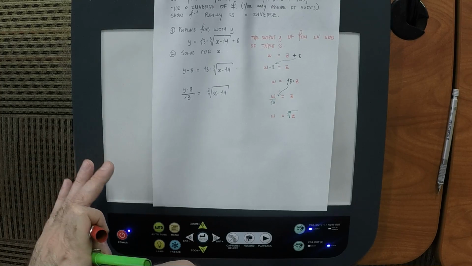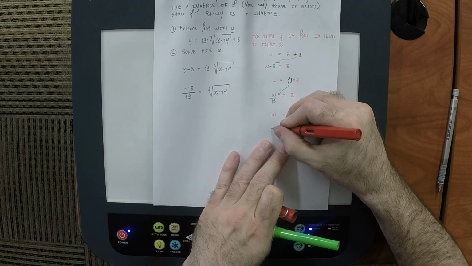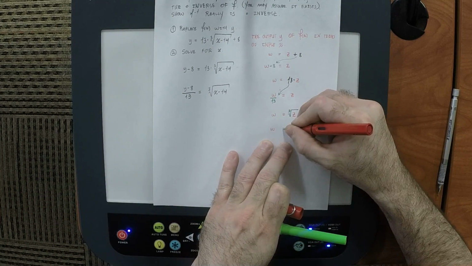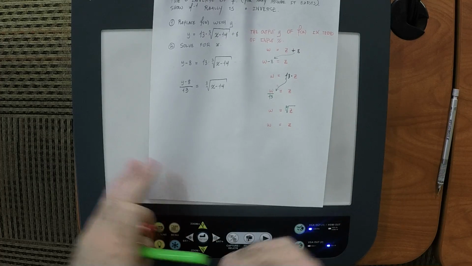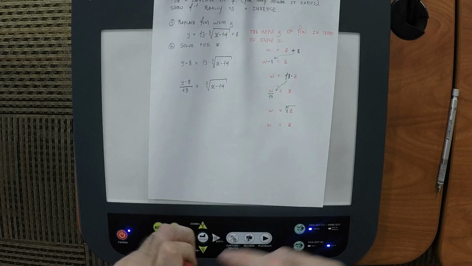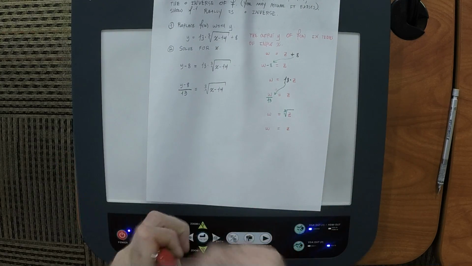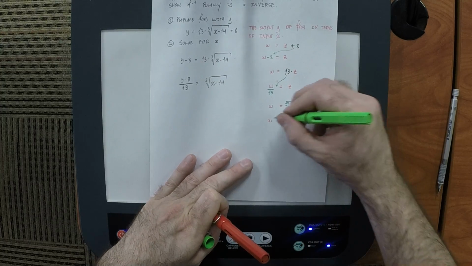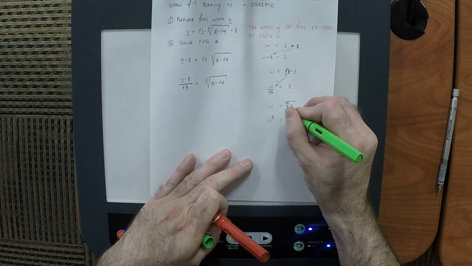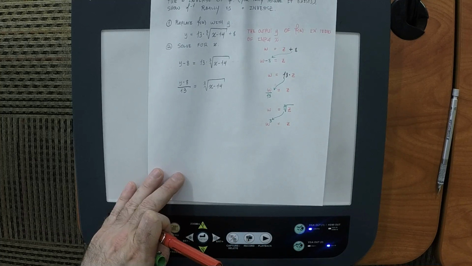We want w to stay on its side. We want z to stay on its side. So when the cube root changes sides to the left, what does it become? It becomes cube. So we want to leave the x minus 14 in this cube fraction. Right.